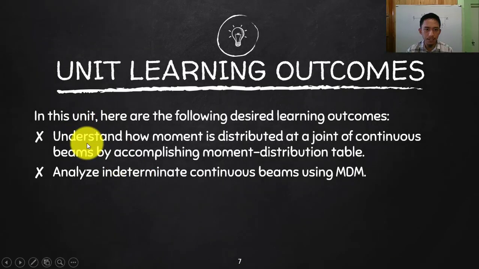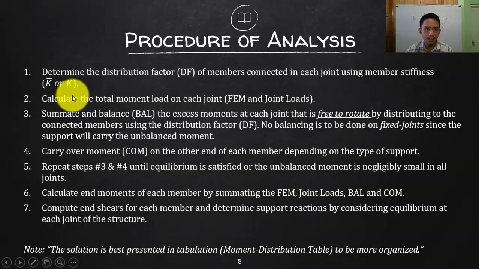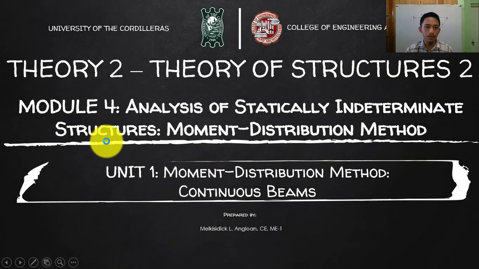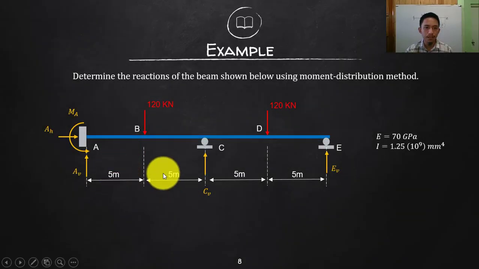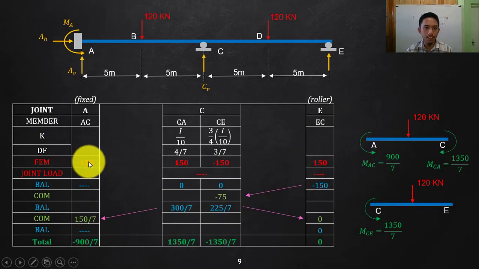Again, second step, isn't it, is to calculate. We already did that one. Third is to balance now. However, there is no need for us to balance since that is a fixed support, so that will be carrying. In joint C, if I summate the joint load and the FEM, 150, negative 150, that is actually 0.